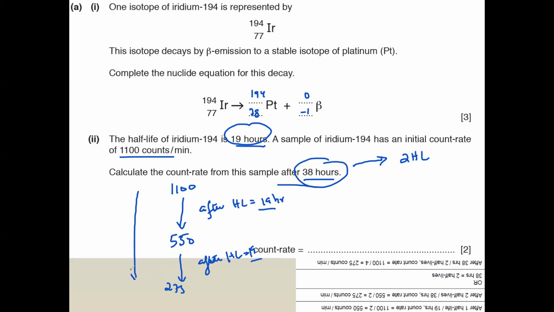The total interval is 19 plus 19, which is 38 hours. So after 38 hours, we'll have a radiation of about 275 counts. Counts per minute, or counts per second, is a unit for the radiation. It does not have anything to do with the half-life calculation. Is this question clear?